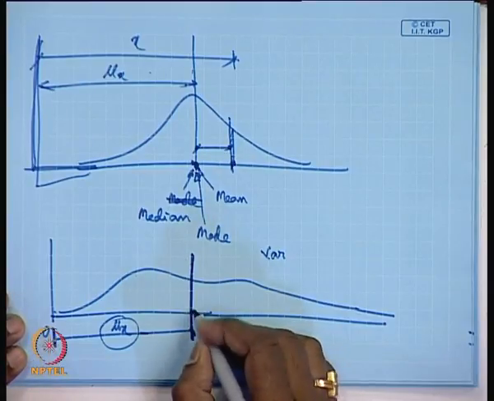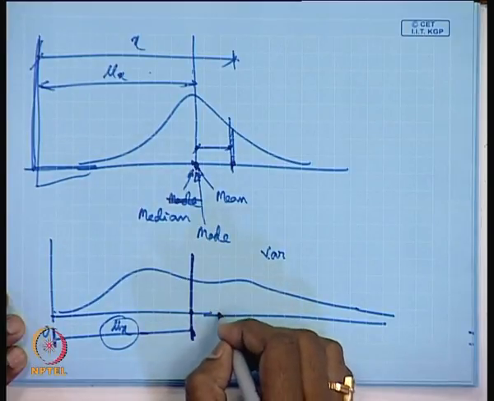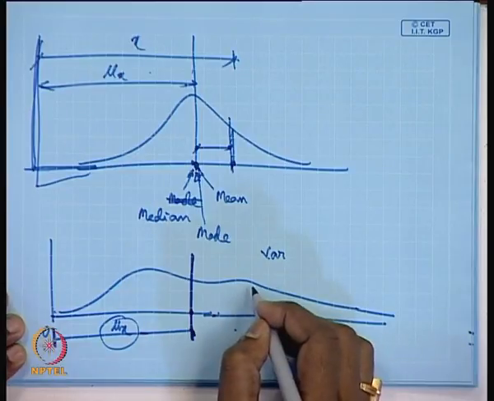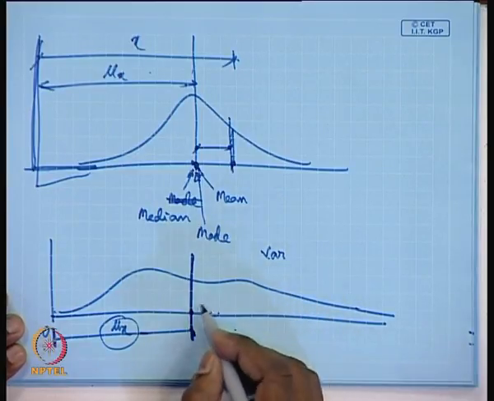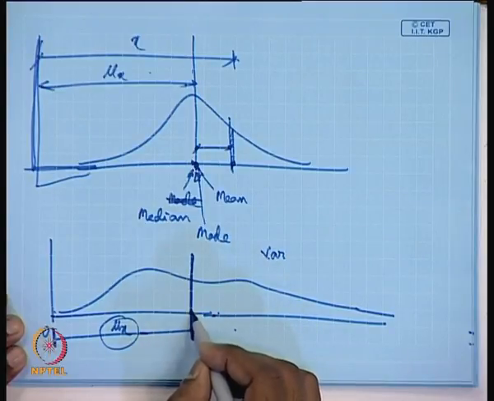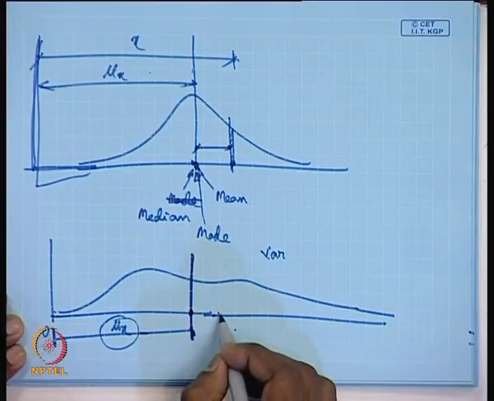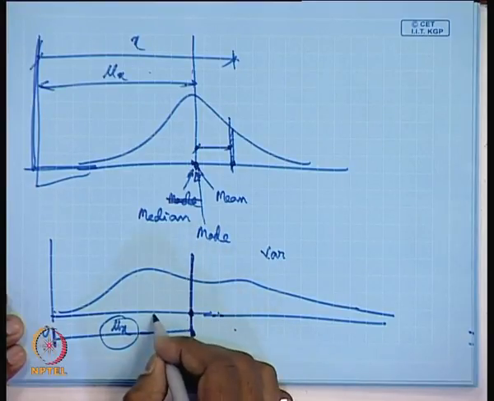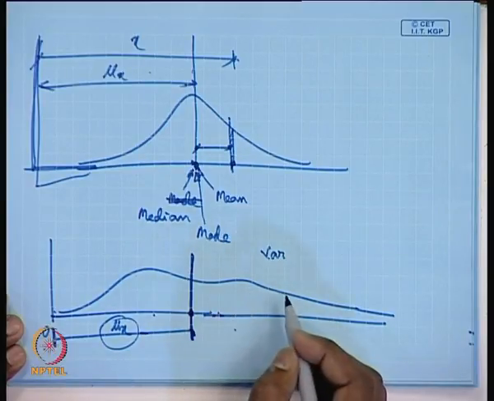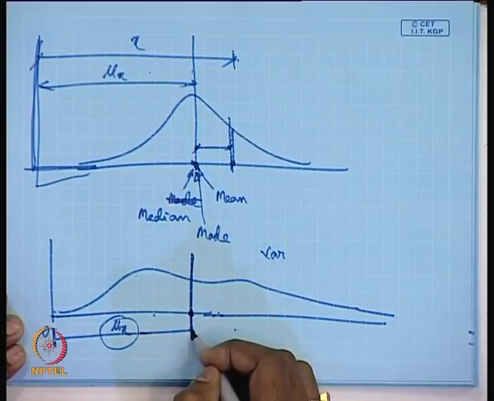I have to take that particular value minus the mean, multiply by the density, and integrate. Mathematically it is very easy to state that the first moment with respect to the mean is always 0, because whatever the positive side of the mean and whatever the negative side of the mean, both cancel out, resulting in the first moment with respect to the mean being equal to 0.